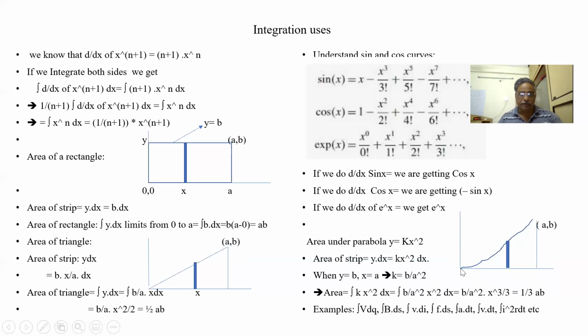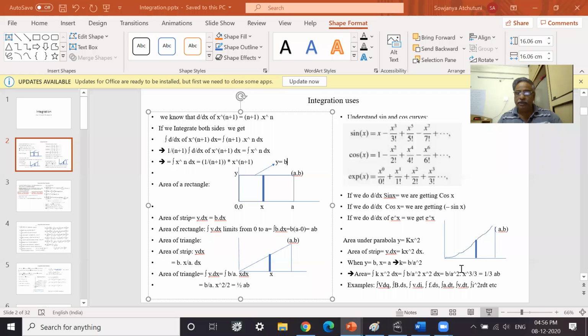Now if you see, in our other subjects, wherever we use this integration: integral v dq is the charge of a battery, when we charge a battery to voltage v. Integral v ds is the magnetic field. Integral v di is the power. Integral f ds is the work. Integral a dt is the velocity.